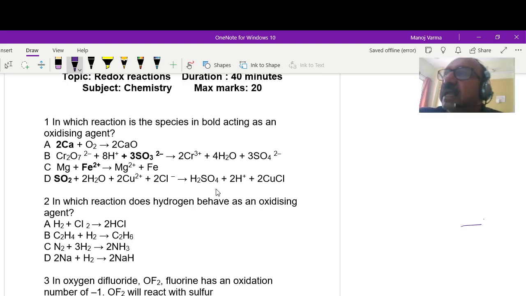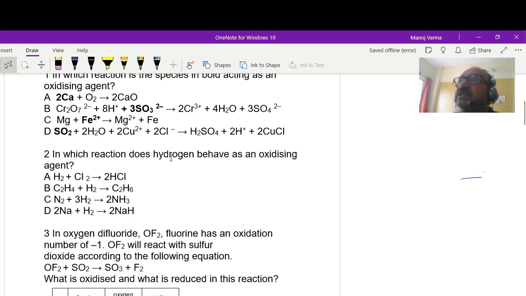Let's go to the second one. In which reaction does hydrogen behave as an oxidizing agent? Here hydrogen should act as an oxidizing agent, which is actually rare because hydrogen generally acts as a reducing agent.